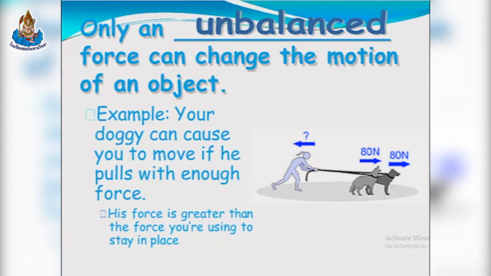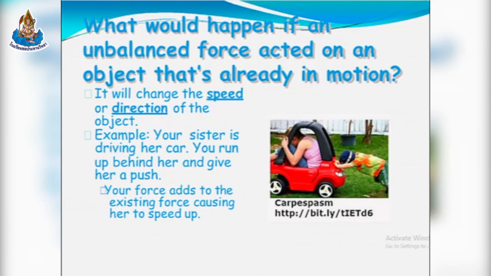So what will be your force? What do you think will be the force so that the dogs can move you? It will be below 160 Newtons. So his force is greater than the force you're using to stay in place. So what would happen if an unbalanced force acted on an object that's already in motion?